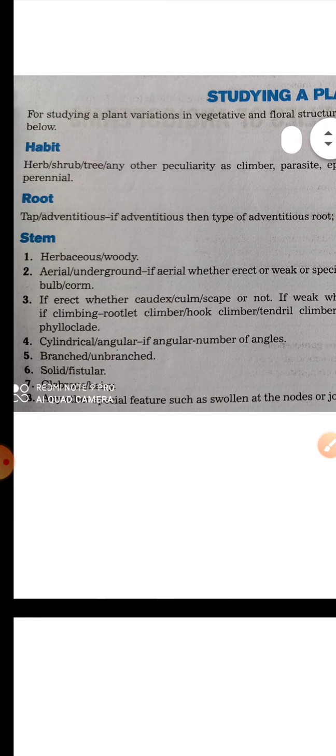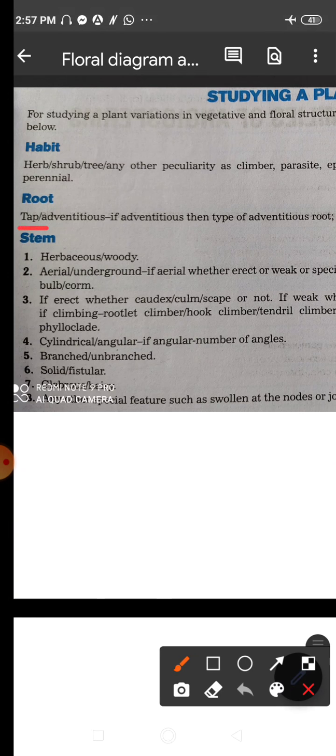The next point is, while describing the plant, we describe the type of root it possesses. That means whether the root is a tap root or an adventitious root, right? So we need to tell that this particular plant is, for example, a tree and it has a tap root system.